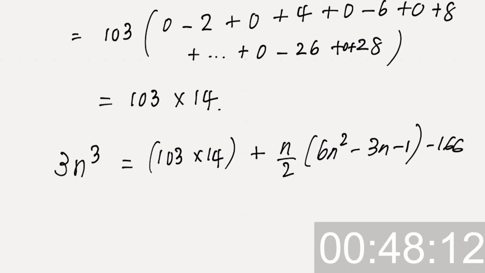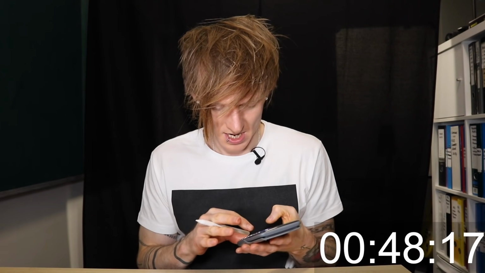Right, so let's do 103, good old Casio. Let's do 103 times 14. Right, 1442. And the n cube's going to cancel. Good, right. So the n cubes are going to cancel.